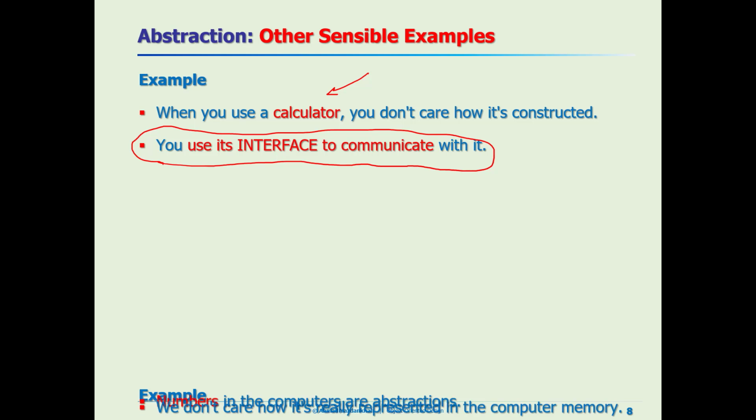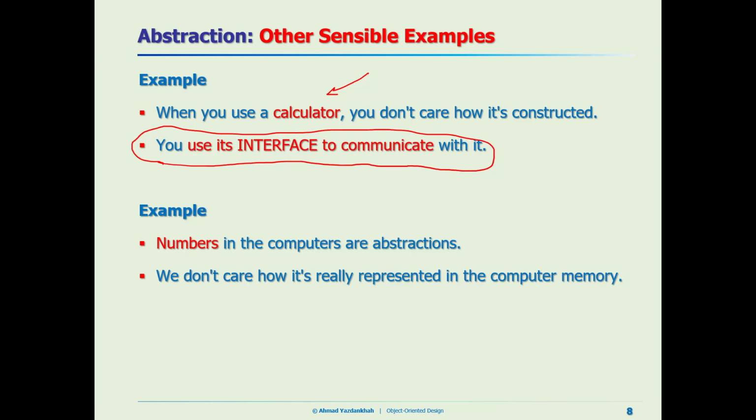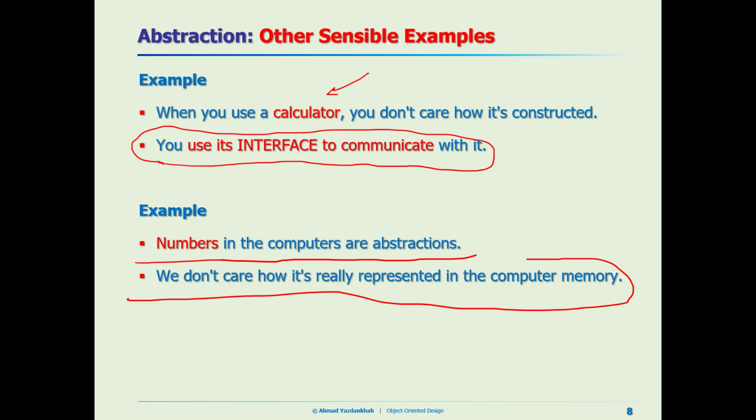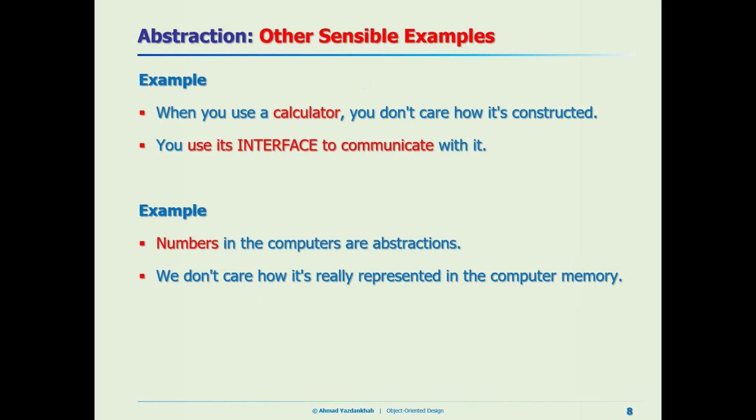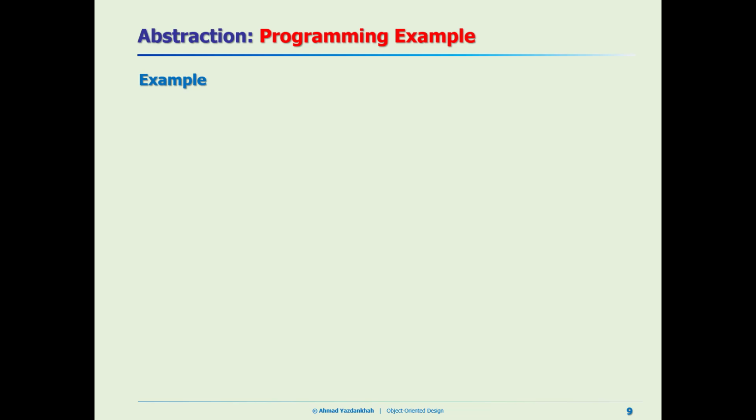Another example, the numbers. When you press a number on the keyboard, numbers in a computer are abstractions, right? We don't care how they really are represented in the computer memory. We just use them, okay?